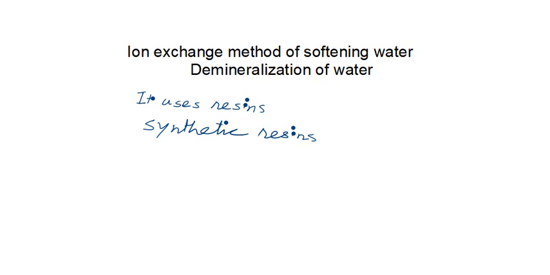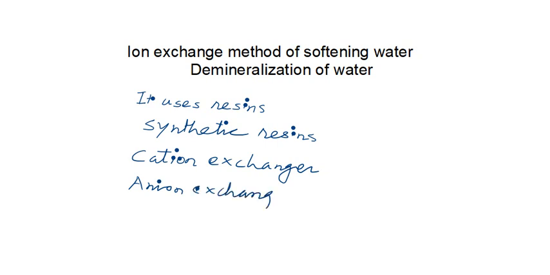These synthetic resins are of two kinds: one which can replace the cation, called the cation exchanger, and another which is the anion exchanger. Thus two types of resins are packed in two different columns, and the two columns work one by one, so that complete removal of ions takes place.